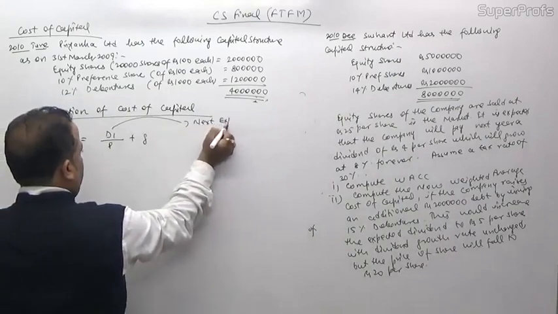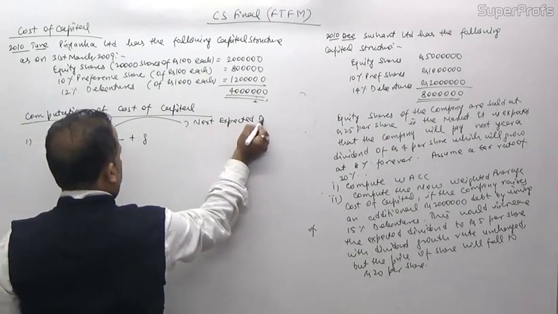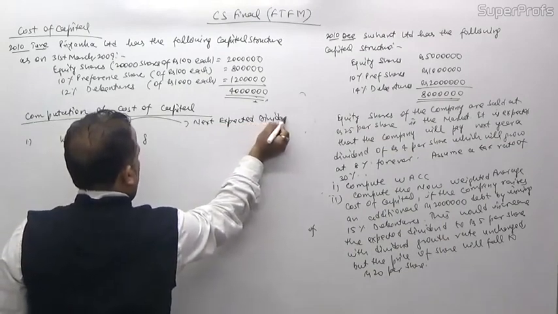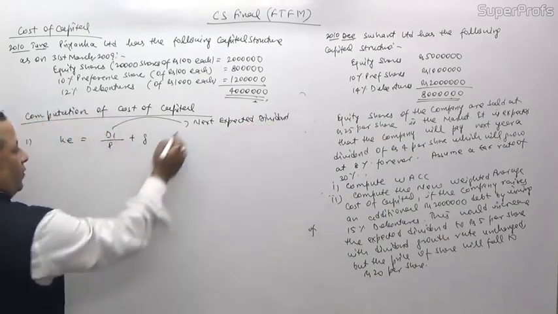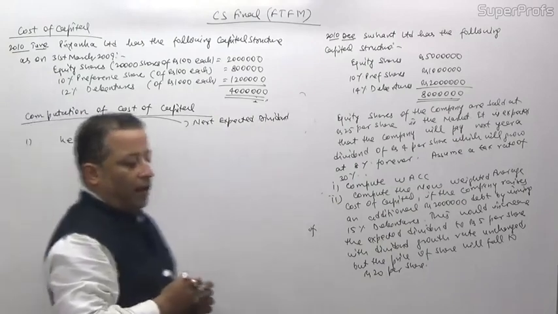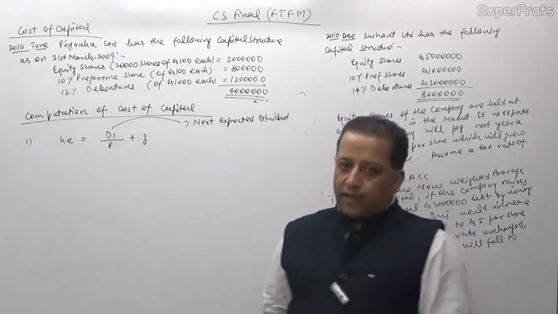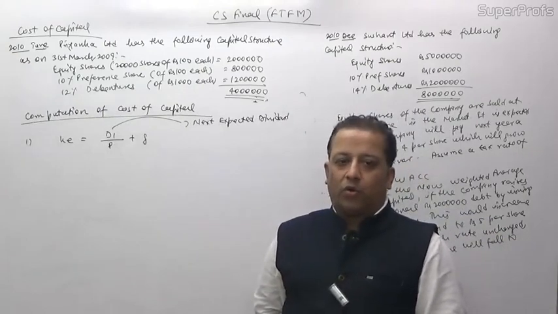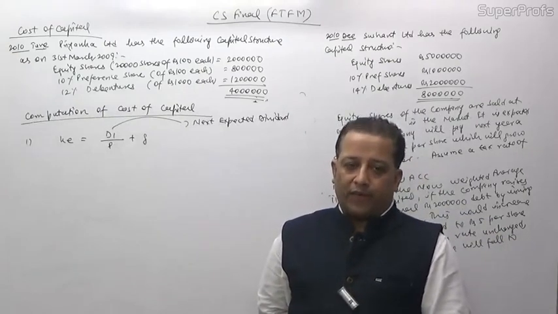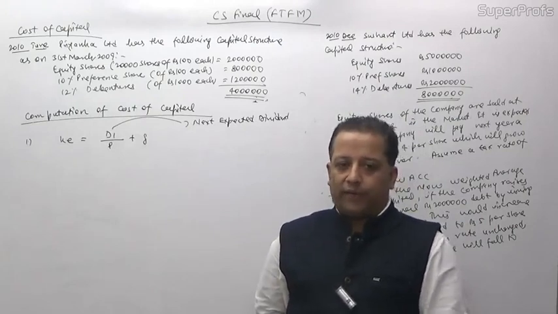If the next expected dividend is not given in the question, then take the last declared dividend and add growth in dividend.